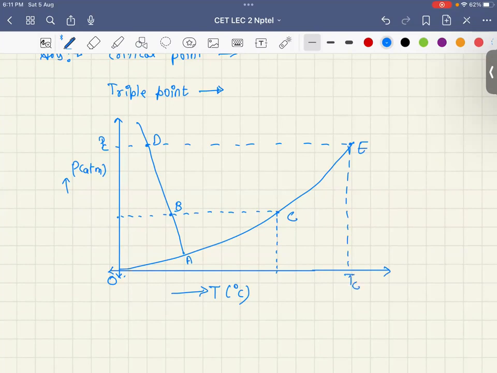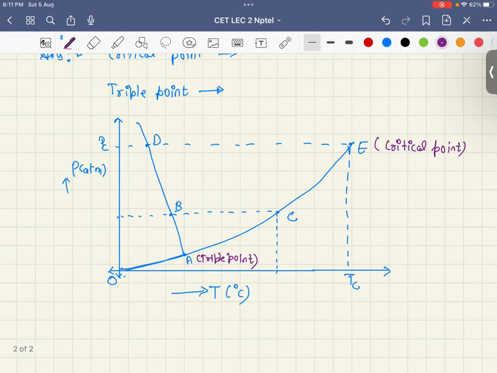This part is called the sublimation curve. This is the vapor liquid equilibrium line, and this is the solid vapor equilibrium line. This point is called the triple point, whereas this point is called the critical point.